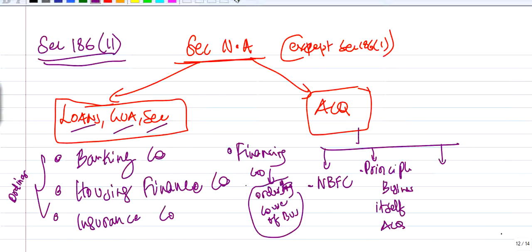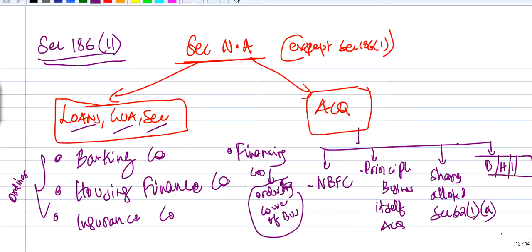Then shares allotment under section 62(1)(a). Then again these companies, banking company, housing finance company, insurance company, their acquisition is made in the ordinary course of business. So again this is a very important section, probable in MCQ question also.